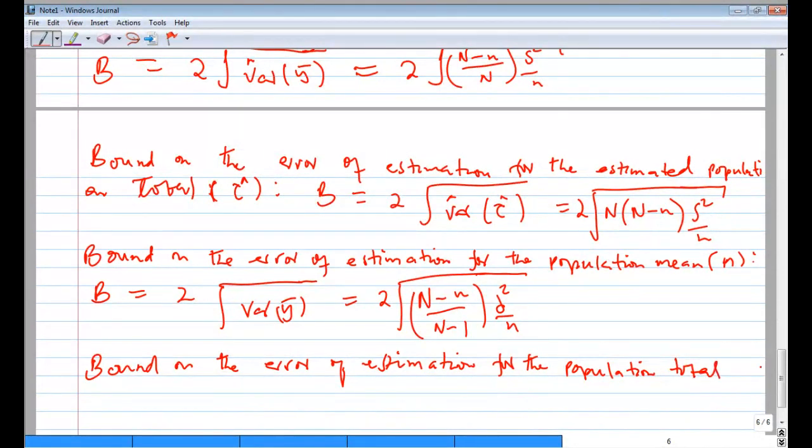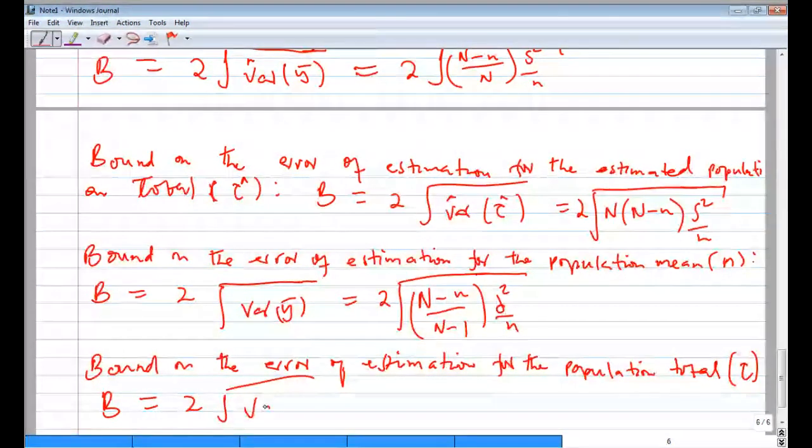In other words, within the brackets, the tau. Now it's written as B equal to 2 times the square root of the var of what? Tau estimate.